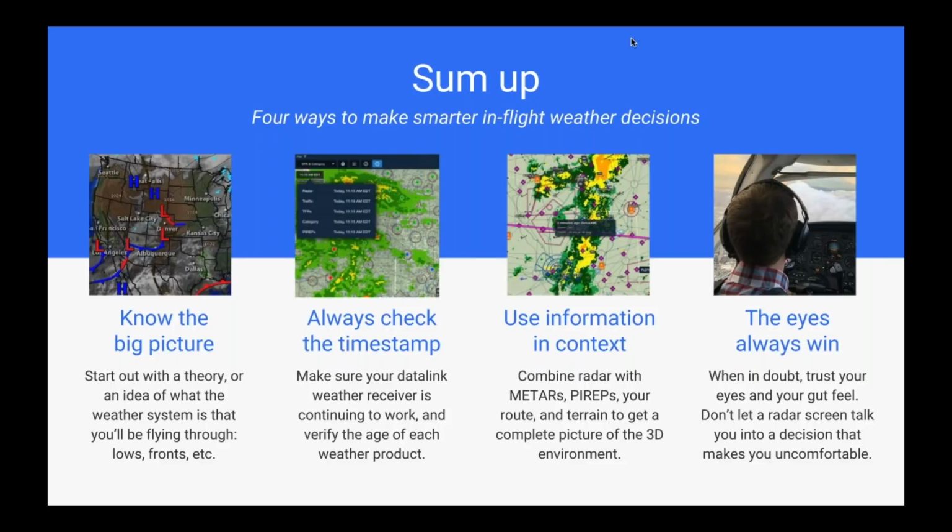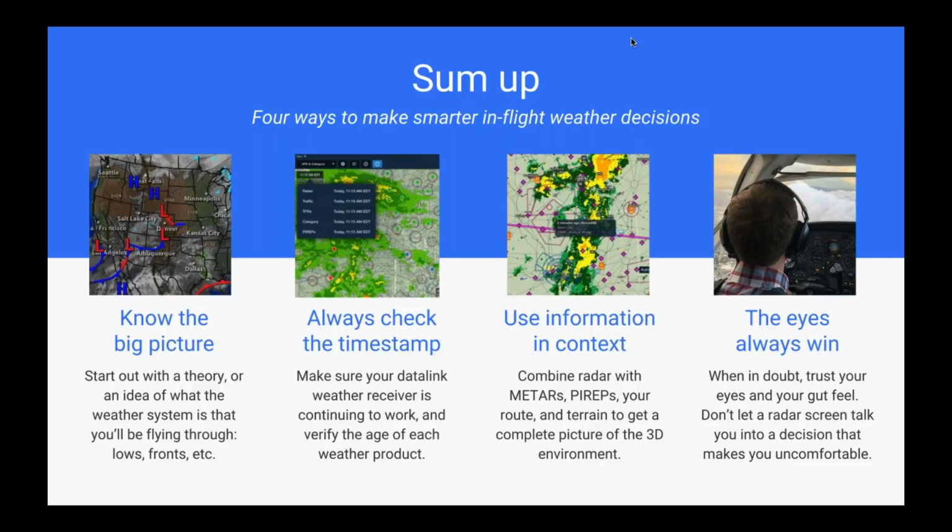Second, when flying with Datalink Weather, it's very important to always look at the timestamp. Every app, every device you look at will have a timestamp showing when you received the weather product. Here's an example in ForeFlight. You can tap on that timestamp in the top left corner and see when all of those weather products were updated. Now, it's worth noting that if it says 11:15 a.m., the radar may have swept the sky at 11:10, and 11:15 is when you received it.